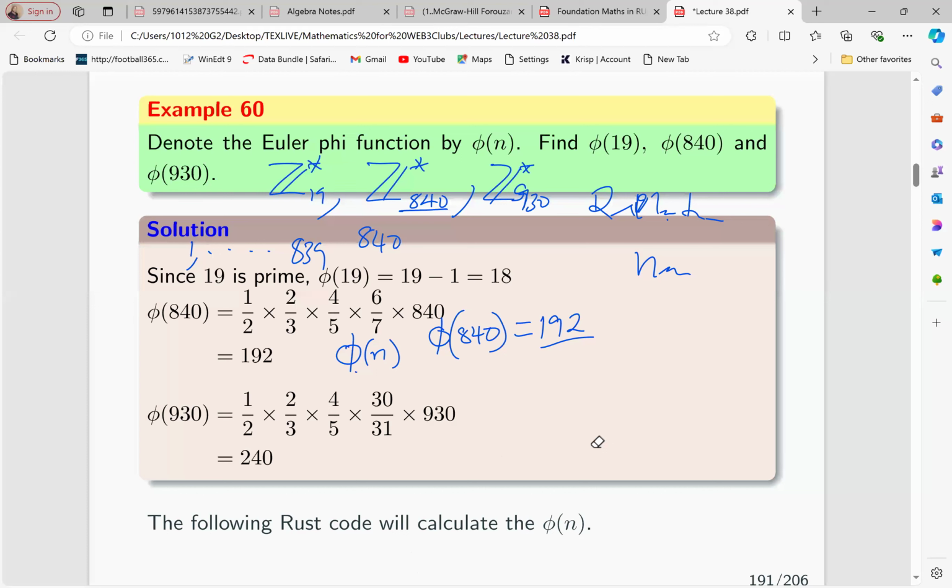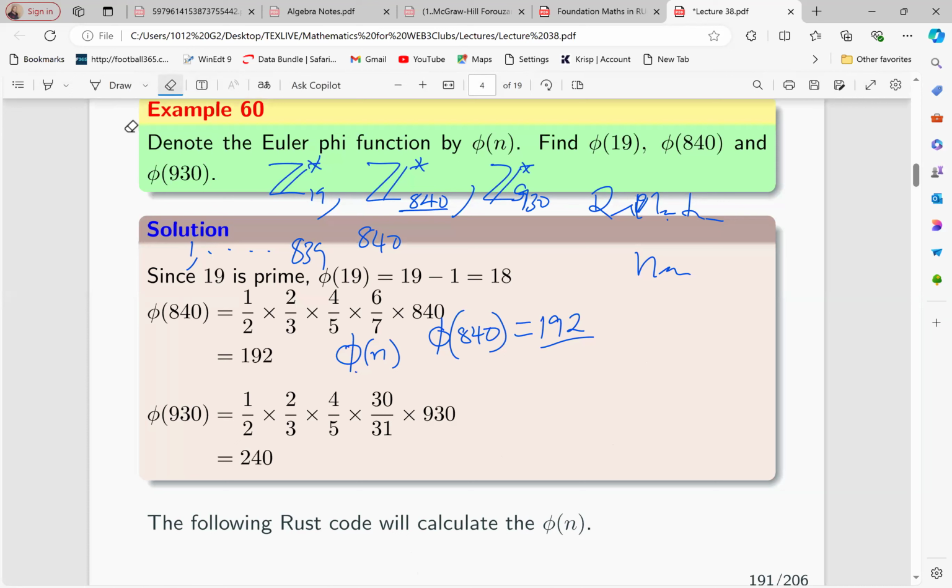So look at the case in which we've done these examples to find how many relatively prime numbers are here. We did not find the GCD.